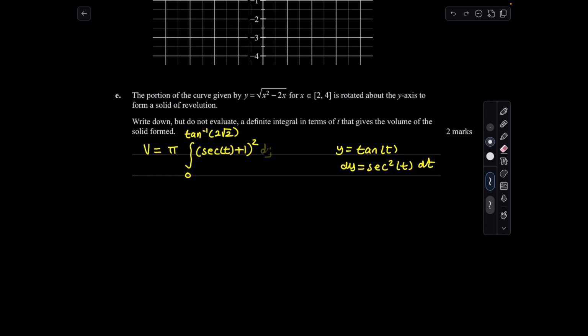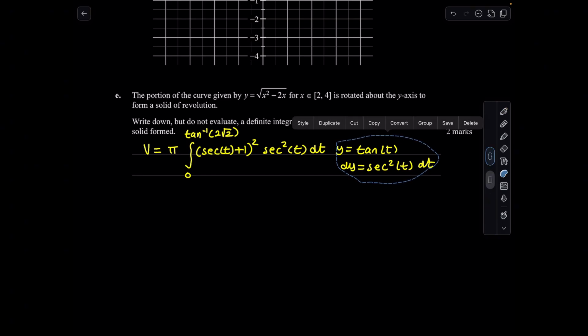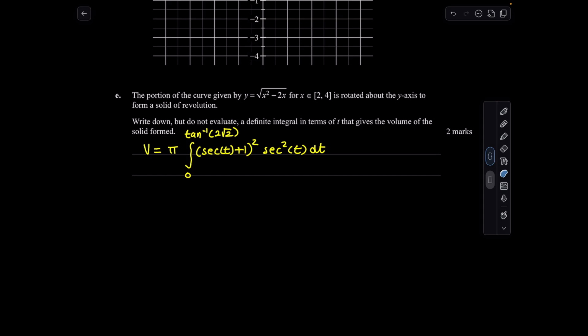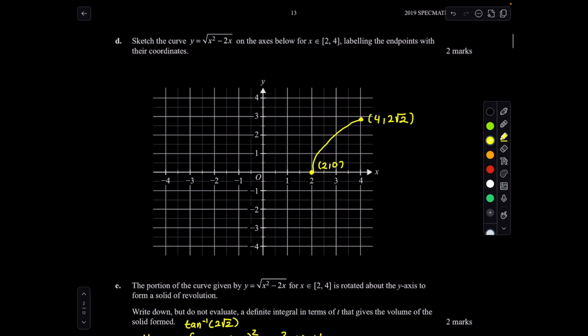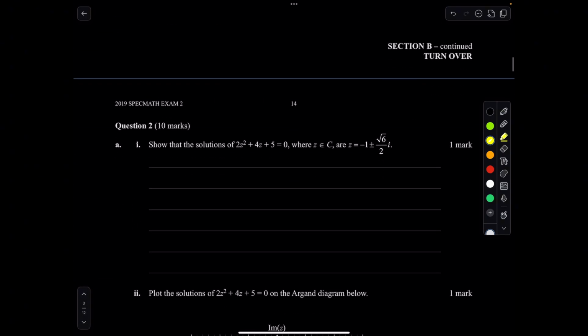And now it's in terms of t, as you can see: secant squared t dt. All right, let me rub that out. And there it is. Wow, it's a lot of work for 2 marks, but that's how you would approach this question. Okay, perfect.